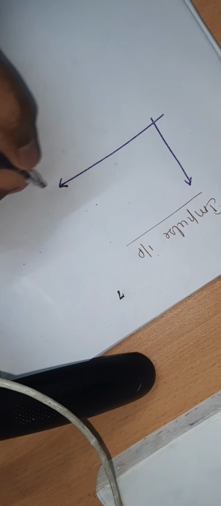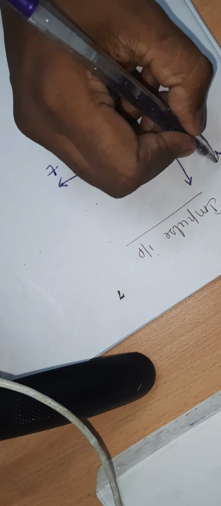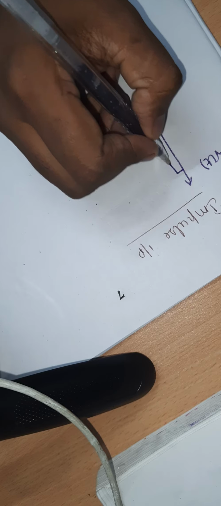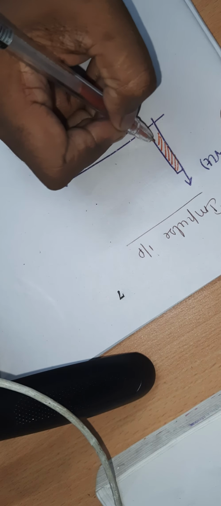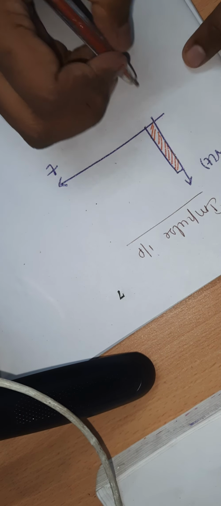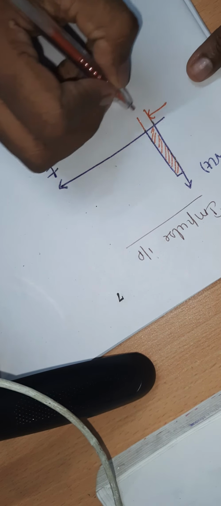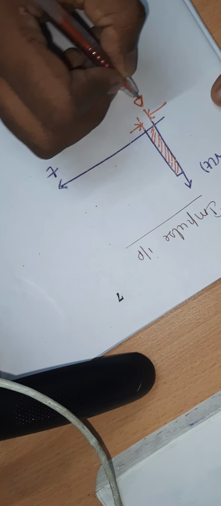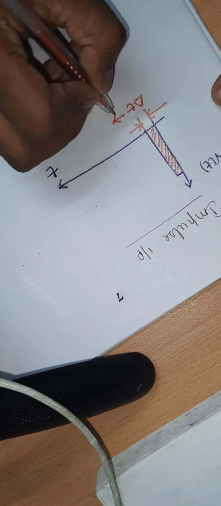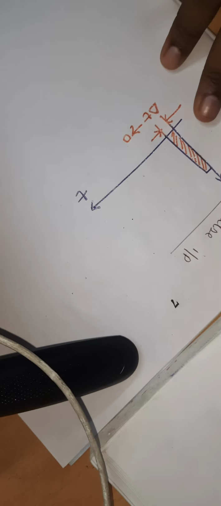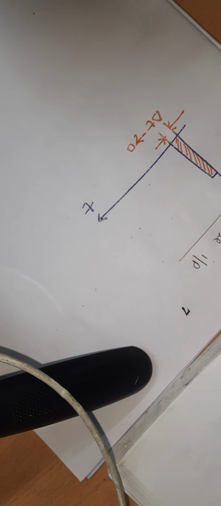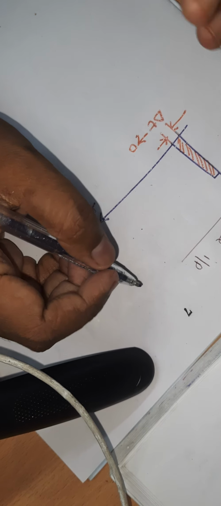That means R of t is nonzero only at this position. Here, delta t is a very small value, nearly equivalent to 0. Such a signal we call an impulse.